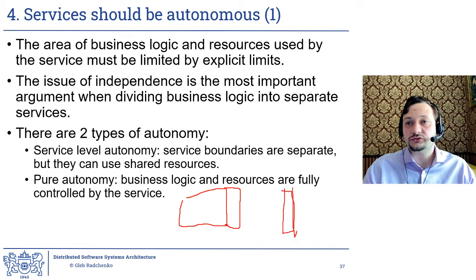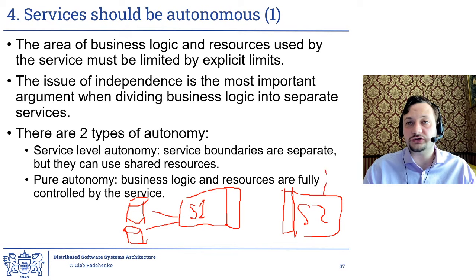So we have service 1, we have service 2, and we have a set of resources that are allocated to service 1 and a set of resources that are allocated to service 2. So if the team of service 1 would like to get something or put something into the database of service 2, they are not allowed to go directly to this database.